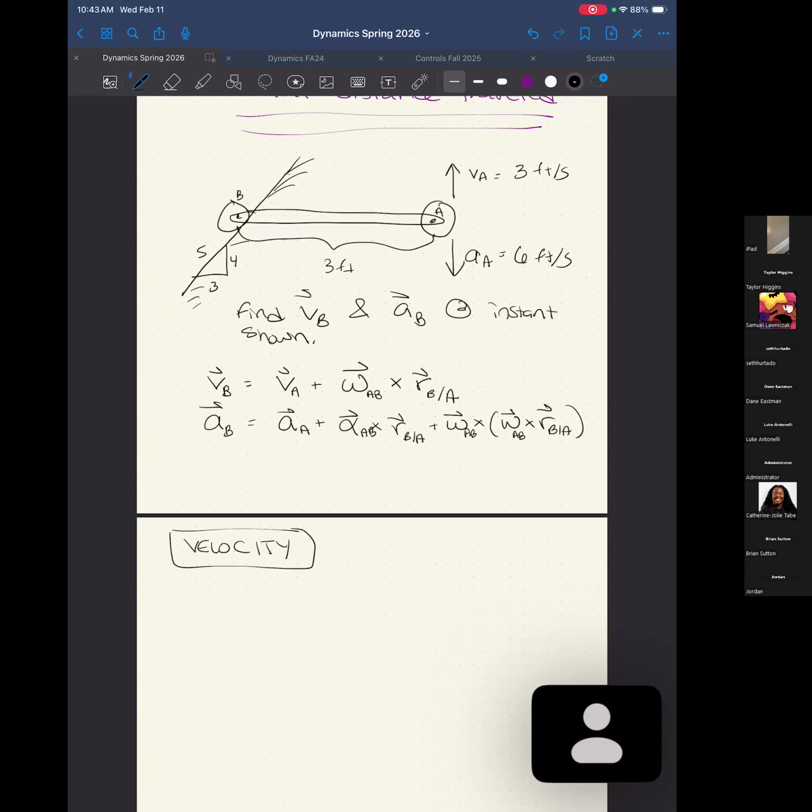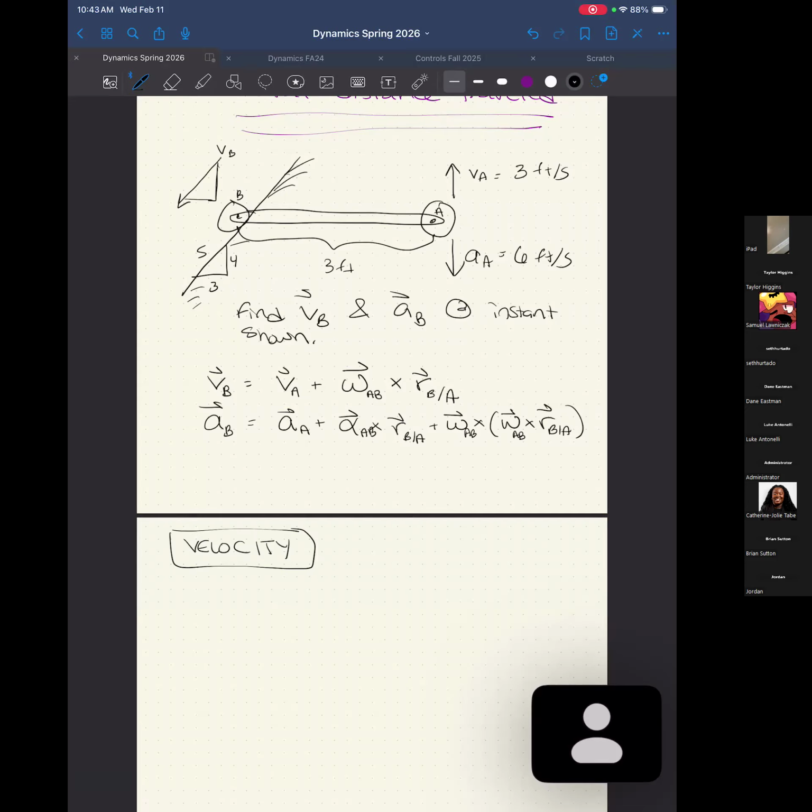So what I would maybe think about doing is saying that I know that this is V_B. And if you're not comfortable with 3, 4, 5 triangles, I forget what the angle is. Is it 30, 60, 90? I forget.